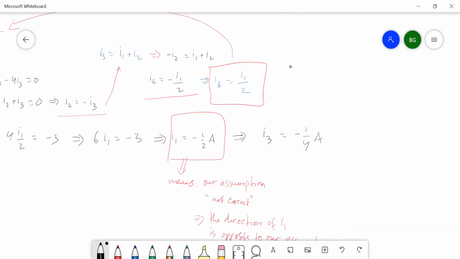I2 is minus I3, so it should be a quarter ampere.